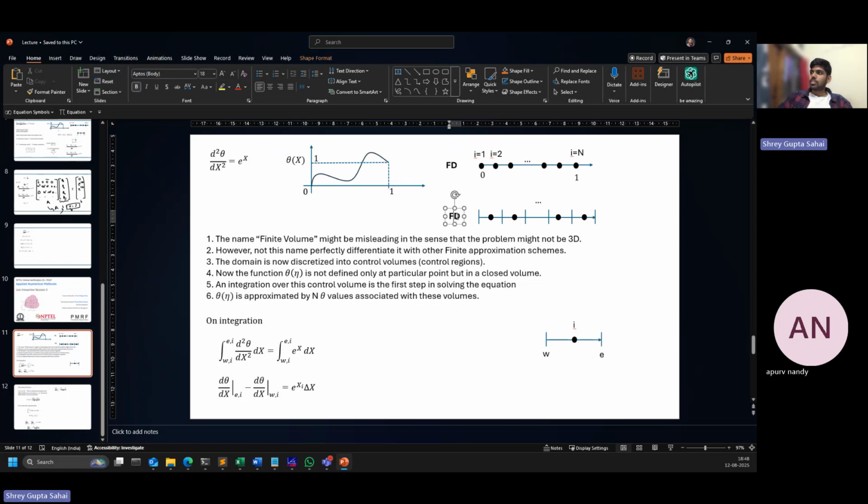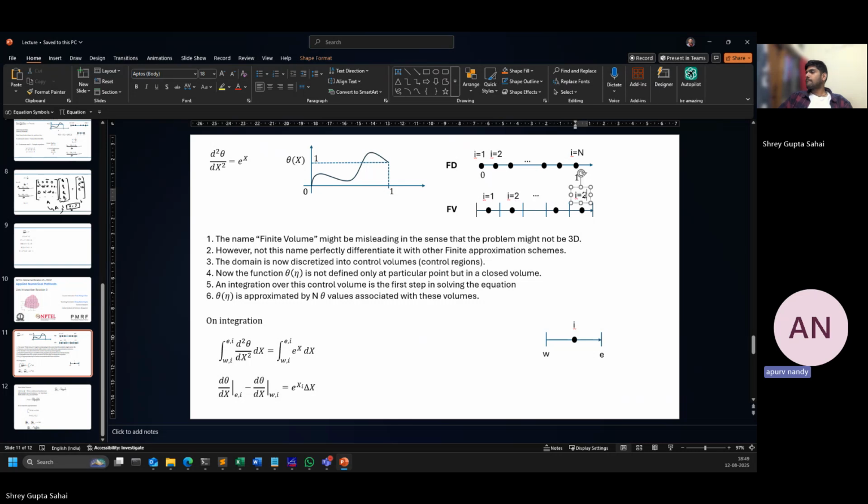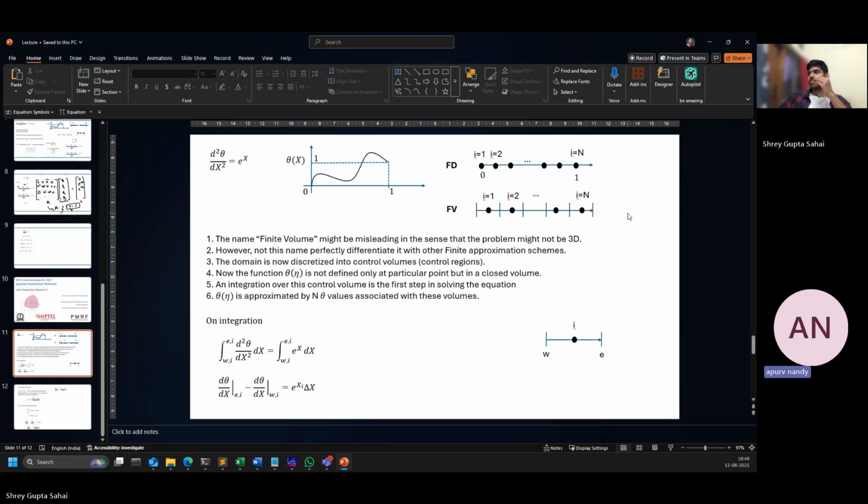Just because you're there with me, Apur, can you let me know if you see a clear distinction between the two strategies, at least in the picture format, conceptually, what is going on, what is the difference there? Here we are considering smaller pieces, if this is a 1D rod, we are considering a small piece of rod as a control volume. Yes.